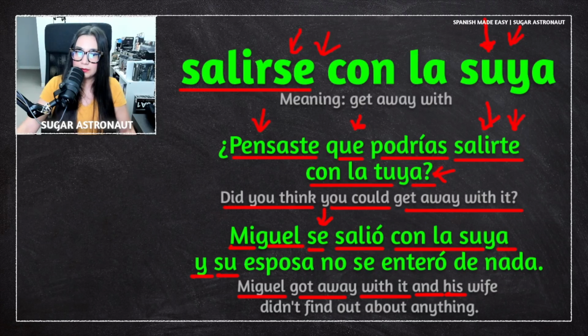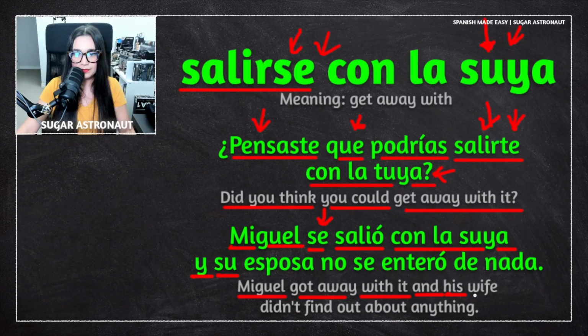We talked about se and suya, but su also means his and her. In this case, it's Miguel's wife, so su esposa means his wife.